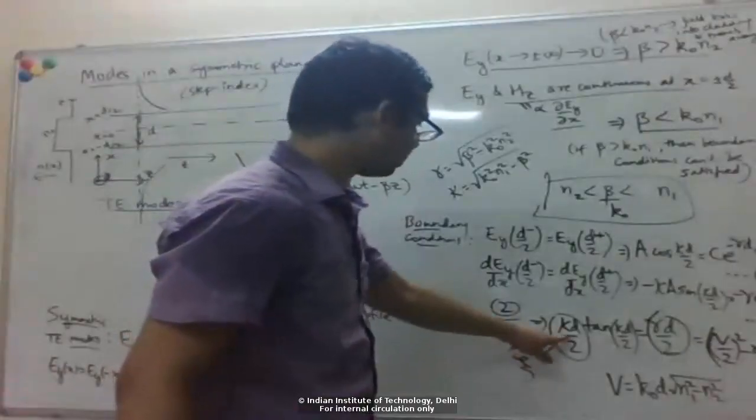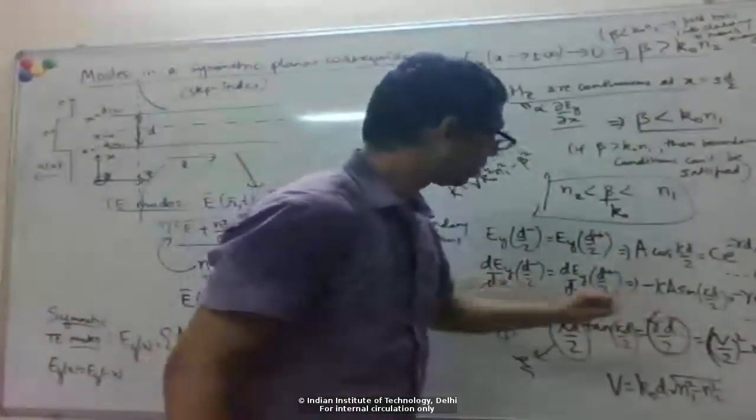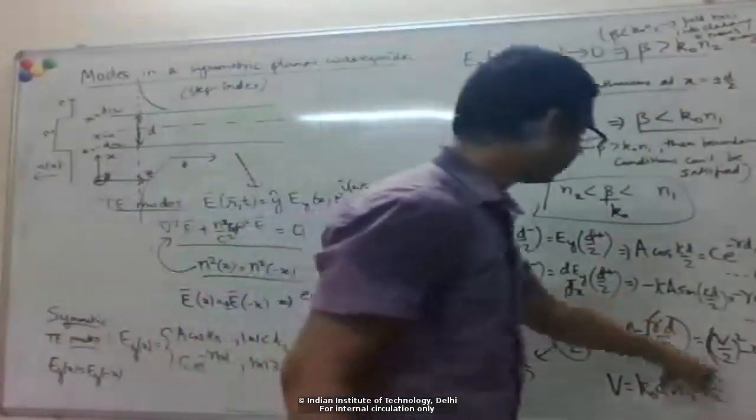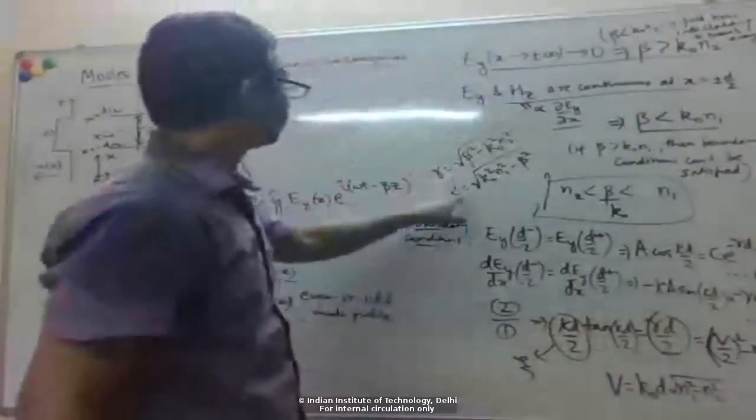So what are we saying? Kappa d by 2 whole square plus gamma d by 2 whole square is basically V by 2 square. You can check from here.